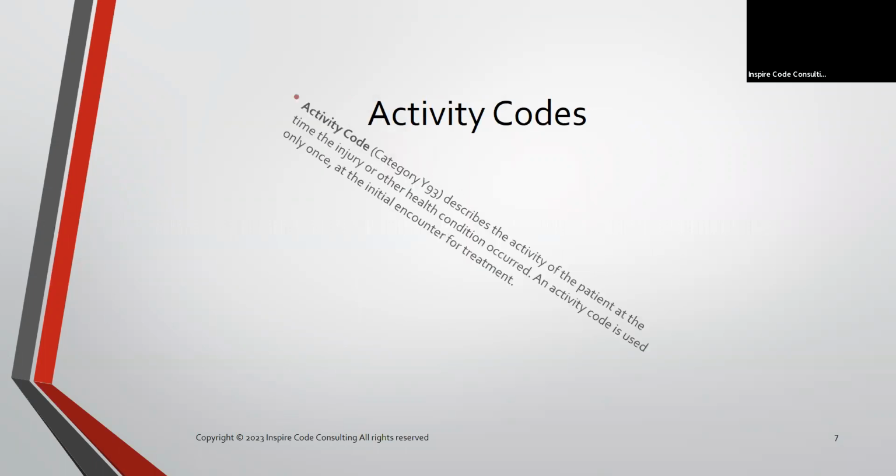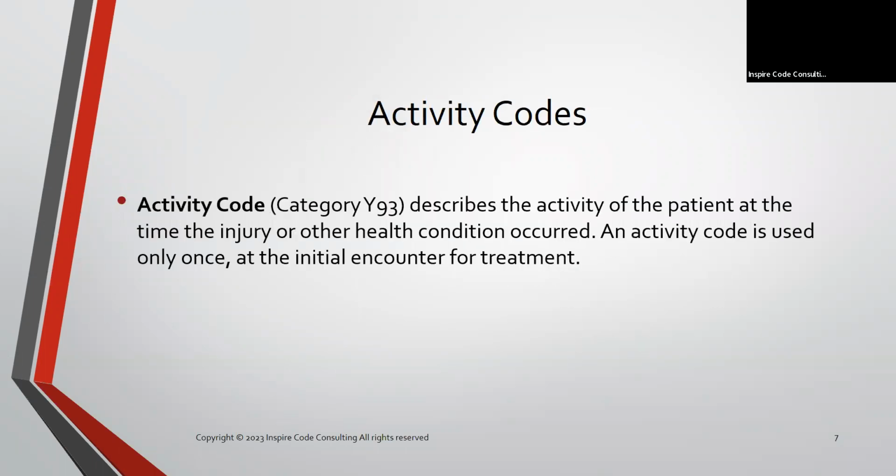Activity codes. These describe the activities of the patient at the time of the injury. And of course, this can only be coded one time as well. Here's the thing: once you tell the story, you only have to tell the story one time, and then you go into treatment of the actual injury.